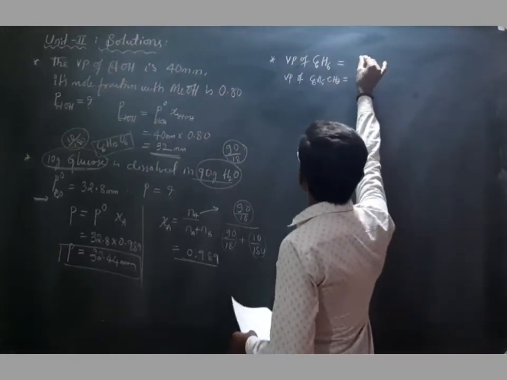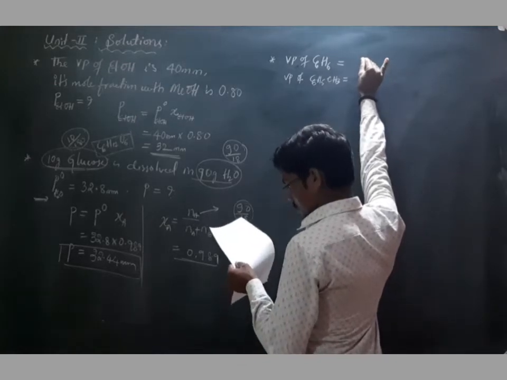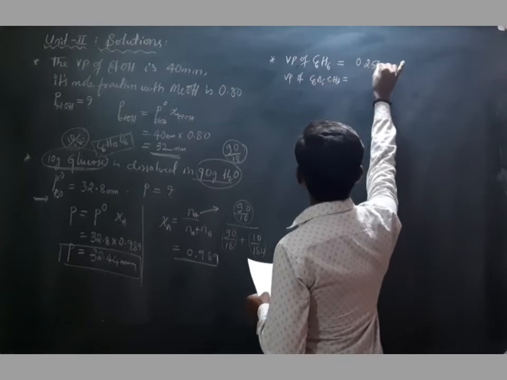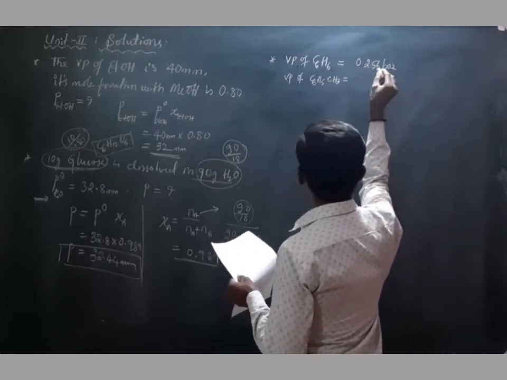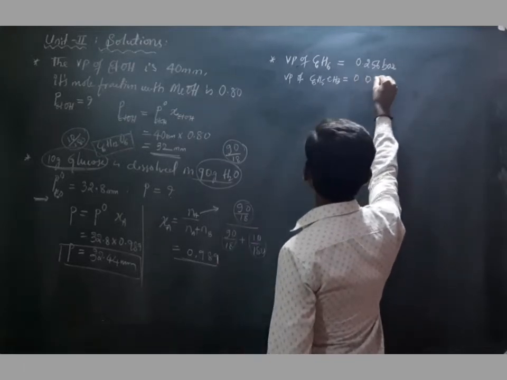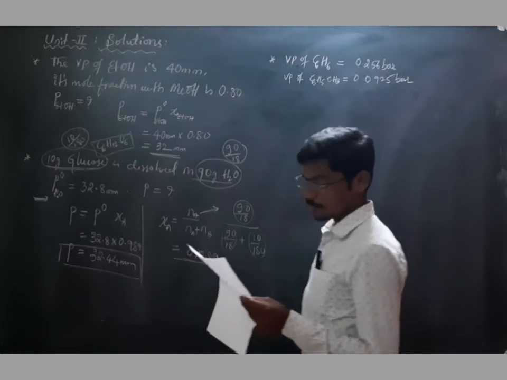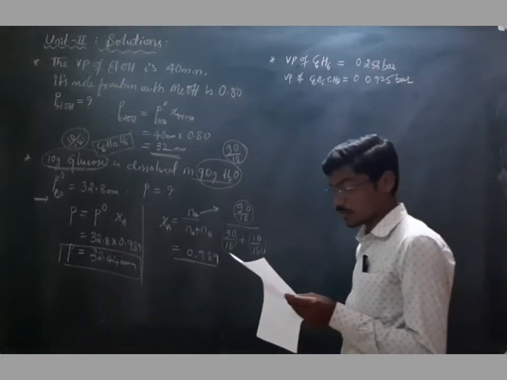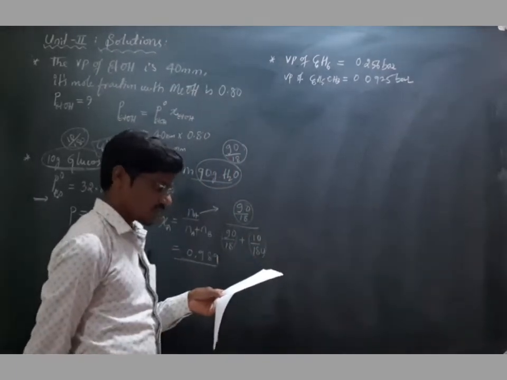So in pure form, the vapor pressure of benzene is 0.256 bar, it is given, and the vapor pressure of toluene is 0.0925 bar. These two data are given.